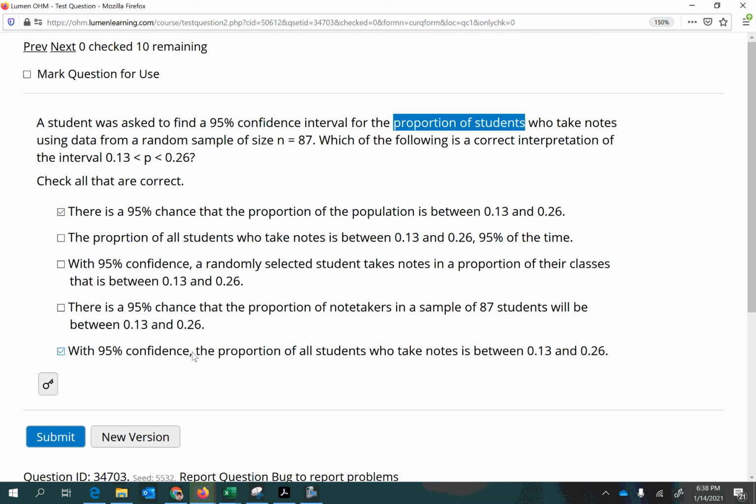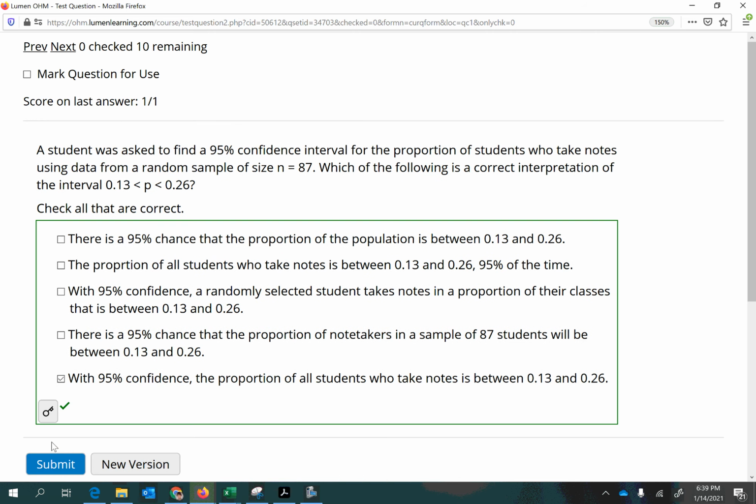You can tell what the answer should be by reading what the confidence interval was done for. It was done for the proportion of students who take notes, so we want the answer that matches that most closely. So I think that's the best answer. Yay, I did it. That's the end of that question.